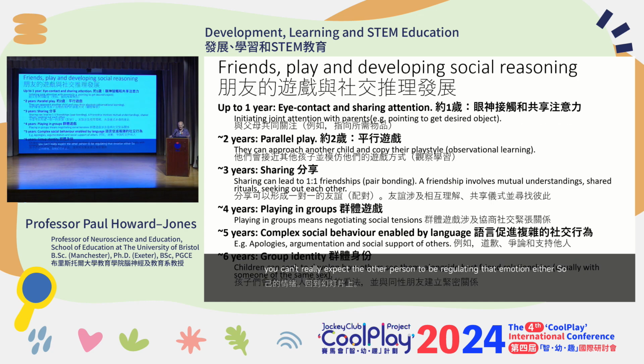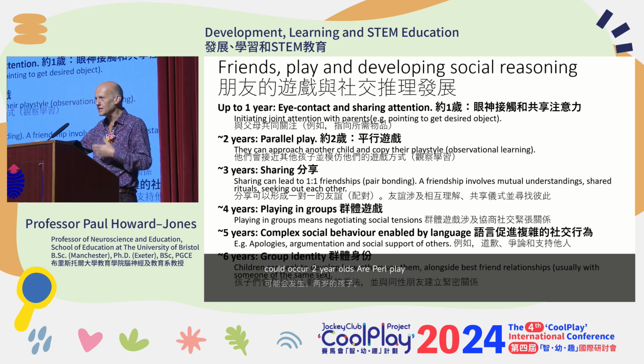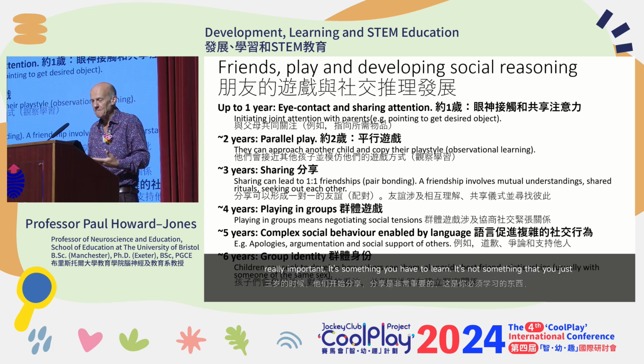So through play and those sorts of interaction, many different types of development could occur. 2-year-olds are parallel playing with each other, watching each other and imitating. 3-year-olds are beginning to share. Sharing is really important. It's something you have to learn. It's not something that you just have innately.